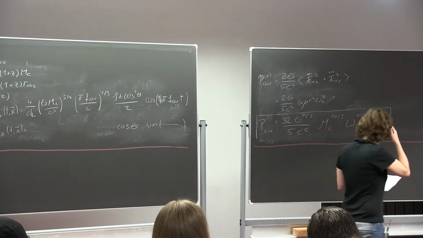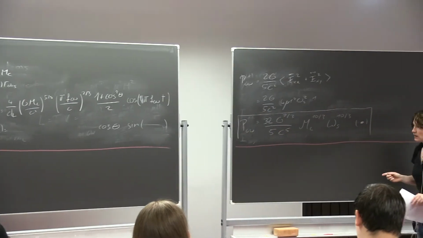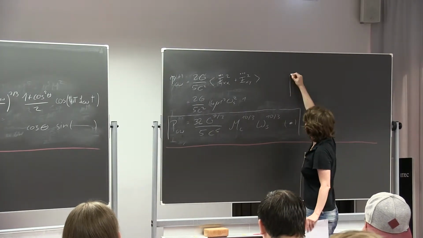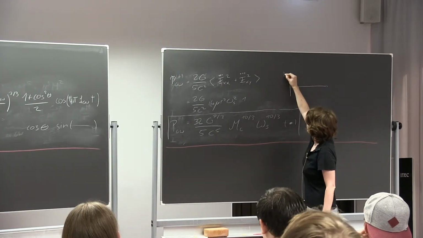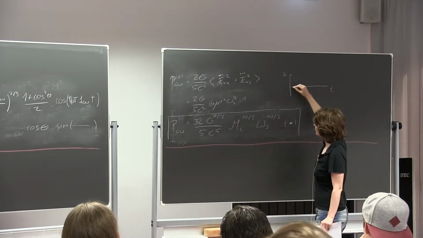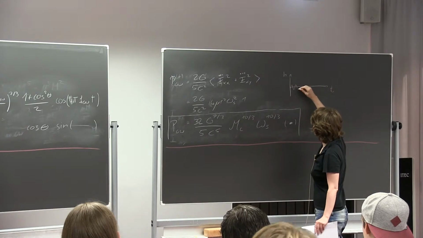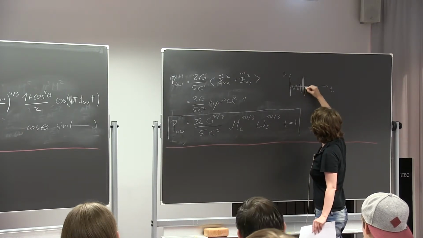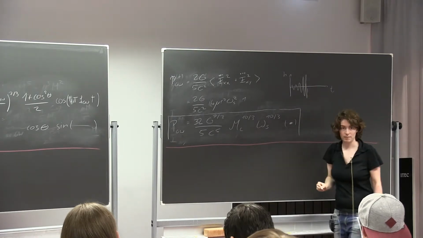So we can already just qualitatively see how the signal will look. We'll do it more carefully, but the gravitational wave signal as a function of time will be oscillating, and then it will start to oscillate faster, while at the same time increasing in amplitude.